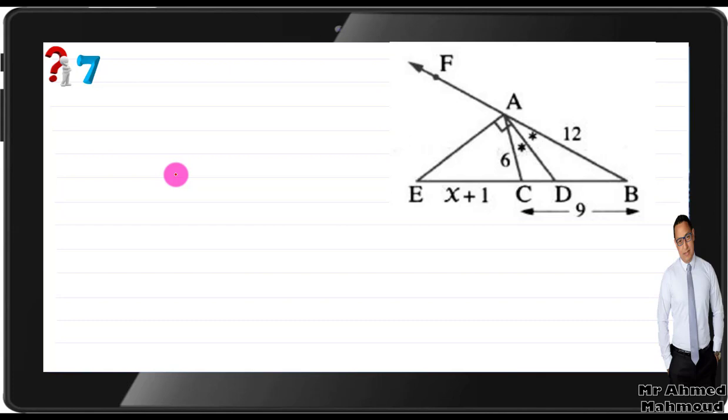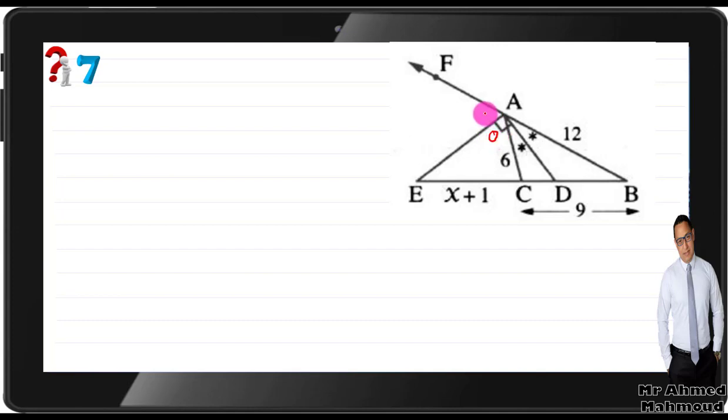Here AD is the internal bisector and AD is perpendicular to AE, so AE is the external bisector, according to what I said in the previous remark.